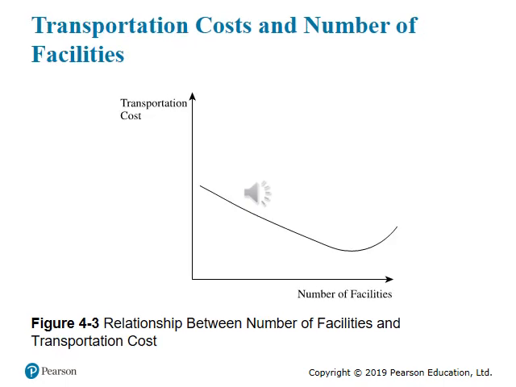If you look at this slide you will find a description of the relationship between number of facilities and the transportation costs. So the more facilities you have, the less transportation costs you are going to pay. Why?